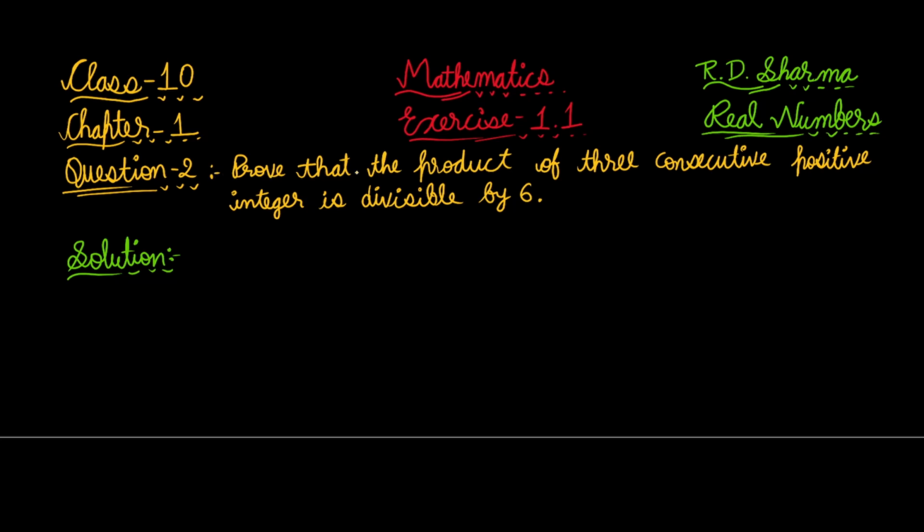So the question is, prove that the product of three consecutive positive integers is divisible by 6.